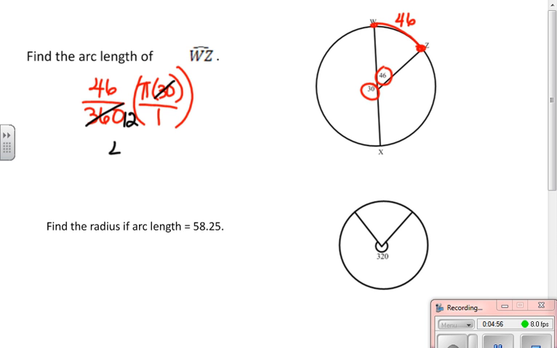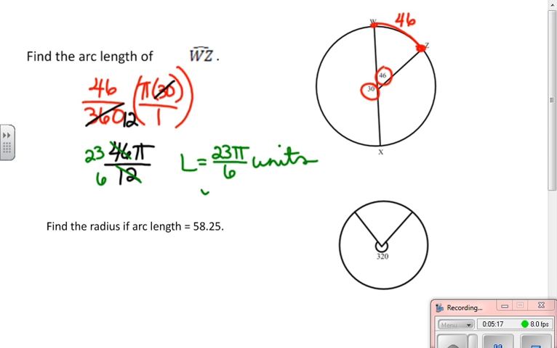So I have 46 pi over 12. 46 and 12 at minimum have a common factor of 2, so that leaves 23 and 6. 23 and 6 don't have any common factors, so my exact arc length is 23 pi over 6 units. If you go to your calculator and work that out, you get approximately 12.04 units.